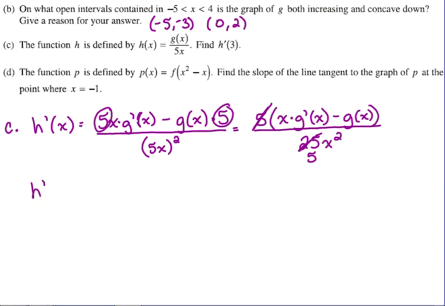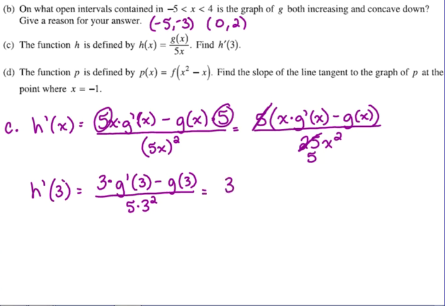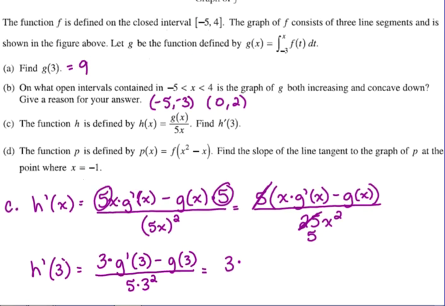So now we can plug in our 3. H prime of 3 is equal to 3 times g prime of 3 minus g of 3 over 5 times 3 squared. Okay, so let's see here. G prime of 3.